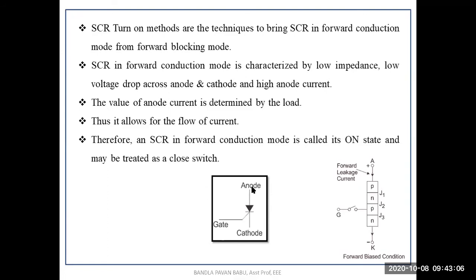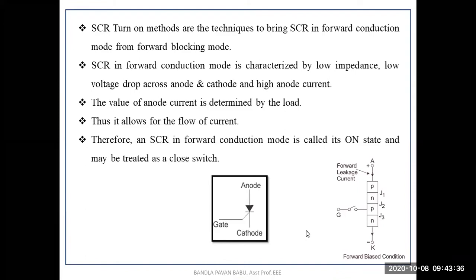This switch, which is connected to the load, is used for controlling purposes. Next, the value of anode current is determined by the load. So it allows the flow of current. When the switch is closed here, this allows the anode current to reach from anode to cathode.